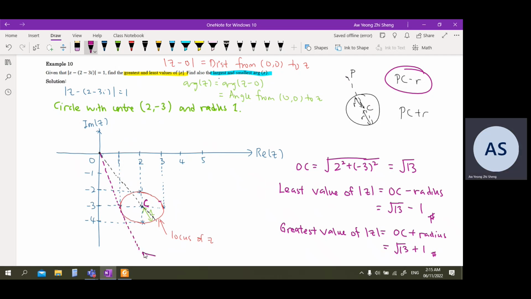This tangent line will give us the direction of the smallest argument z, while this other direction will give us the largest argument z.